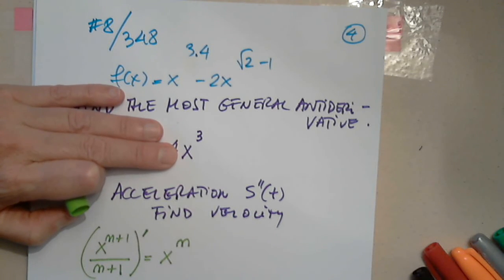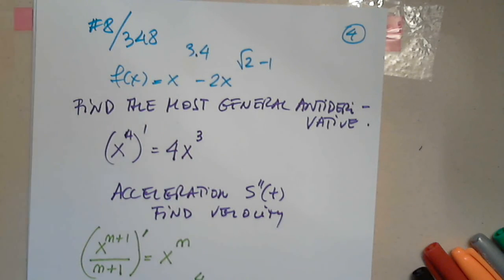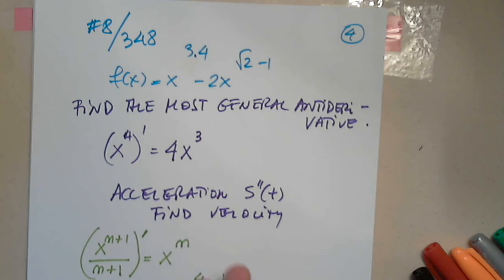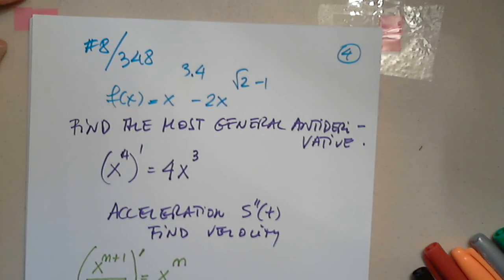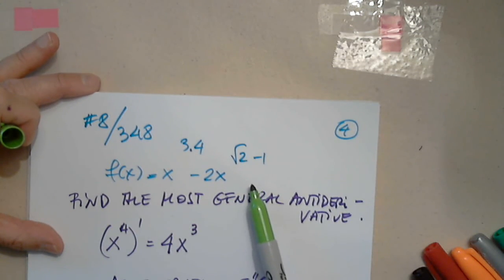What function I differentiate to get x to the 3rd is x to the 4th over 4, x to 3 plus 1 over 3 plus 1. Now, if I differentiate this, I will get 4 times 4x to the 3rd over 4. These two will go away, and I'm back to 4x cubed.